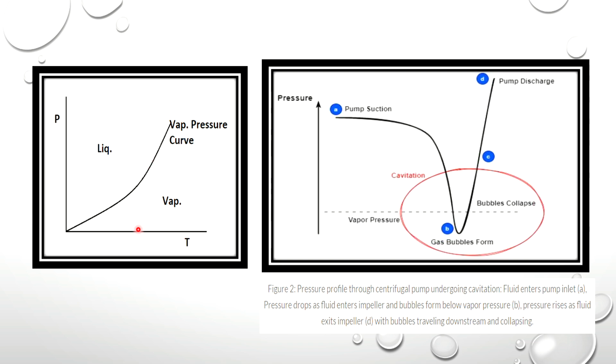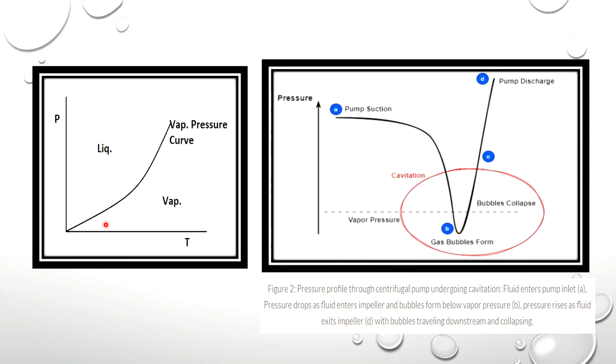Similarly, if we keep the temperature constant and increase the pressure, we will move from the vapor region to the liquid region, and if we decrease the pressure, we will move from the liquid region to the vapor region.